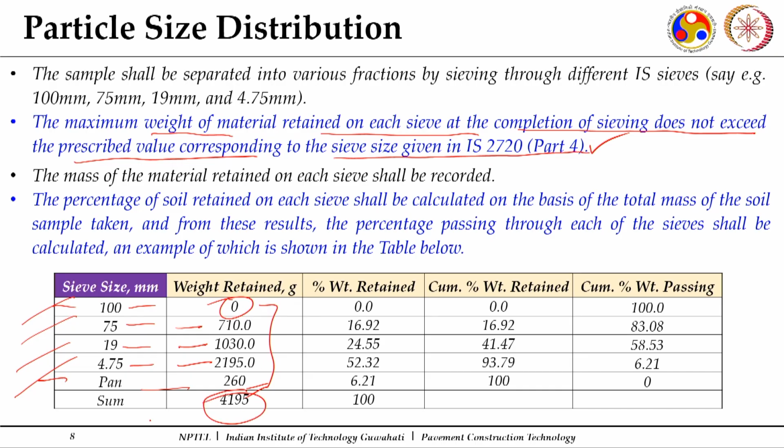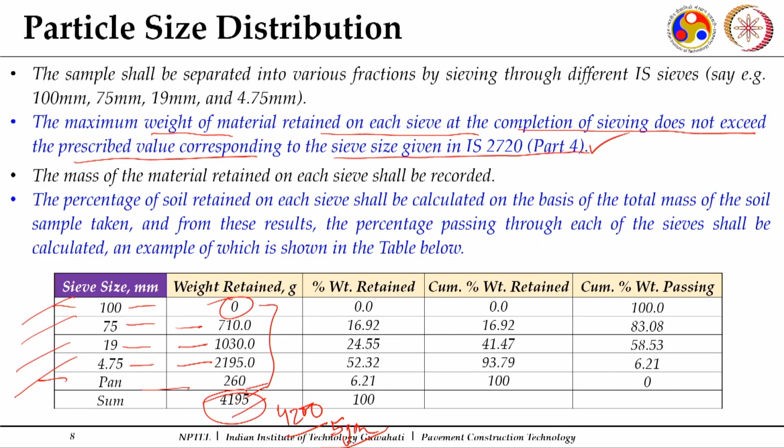Now, the total weight of this material comes to 4195 grams, and initially I may have taken say 4200 grams. Then you may ask, where have these 5 grams gone? During this sieving, some fines may be lost. You will prefer to do a controlled sieving, so that these fines are lost as little as possible.